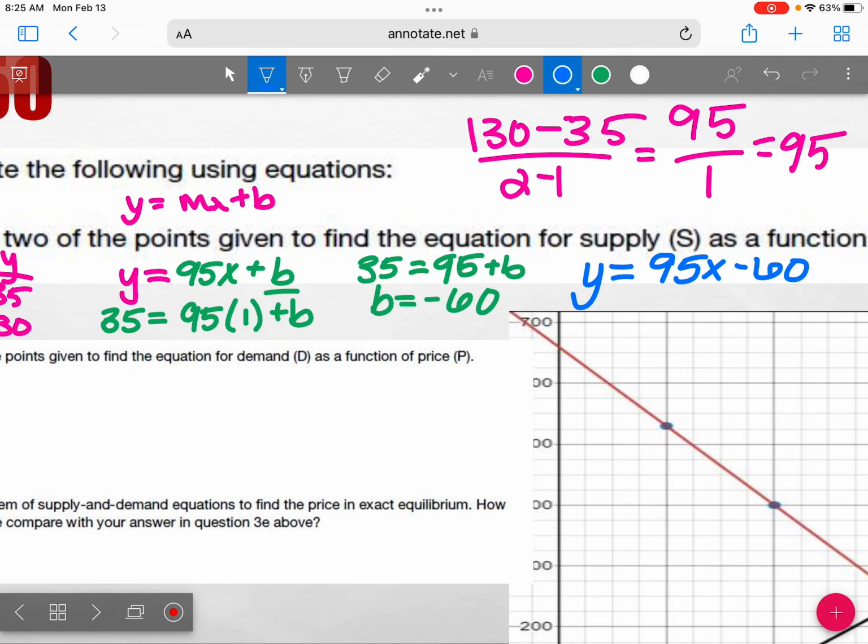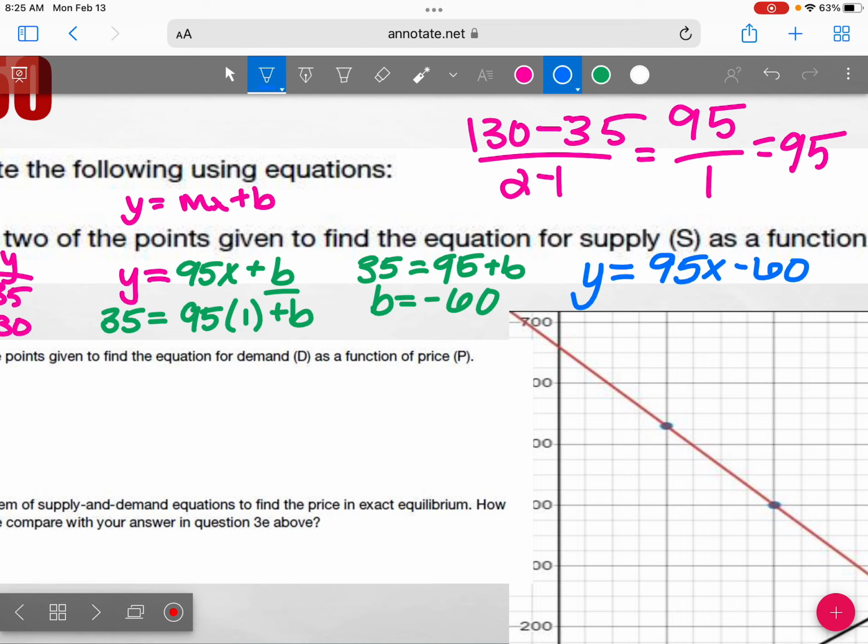Oh, but I asked for supply, sorry. Supply, price is our independent, yeah, because supply is going to depend on our price. Does that make sense? So that means our supplies are dependent, our prices are independent. Okay?